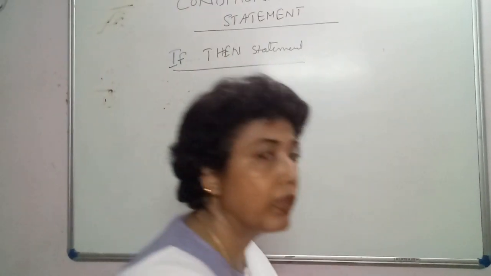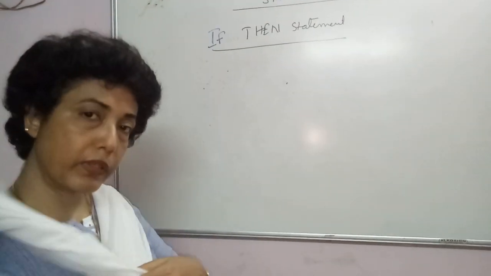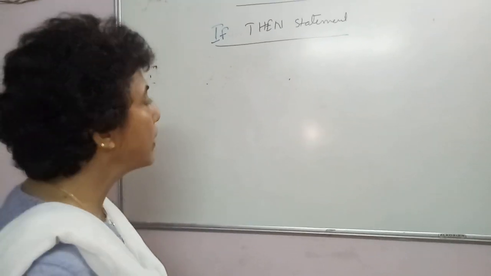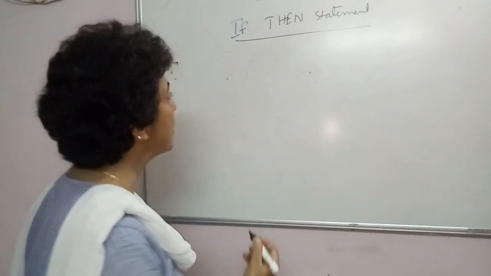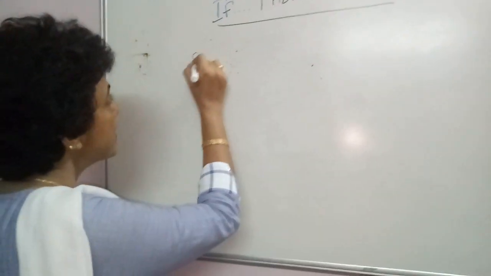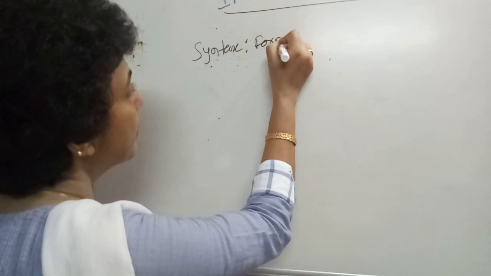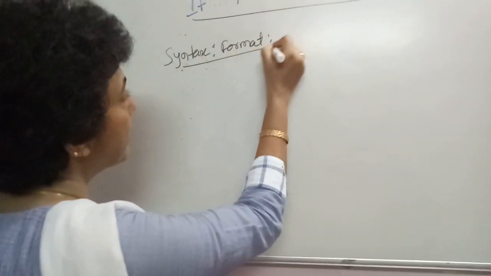If the result of the condition is true, some statements get executed, otherwise it doesn't specify what will happen if the condition is wrong. So let us understand its syntax or the format of writing this.